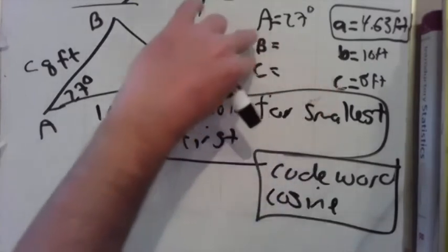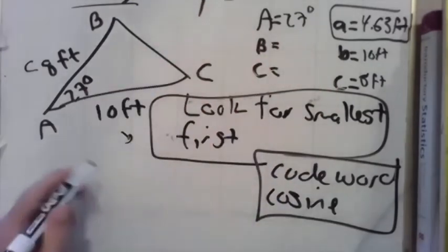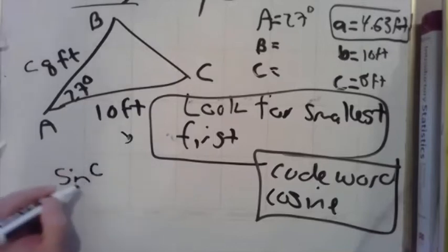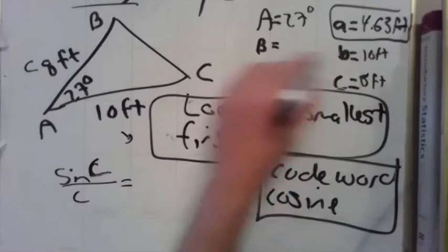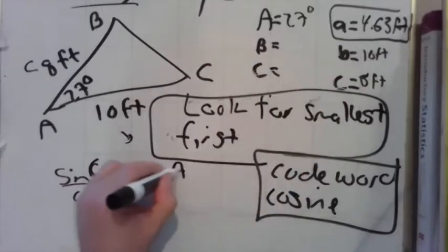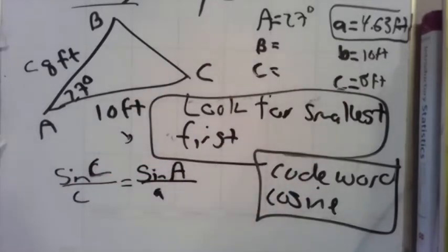So we want to look for angle C. So sine of C over little c will be, I only know A's, so sine of capital A over little a.